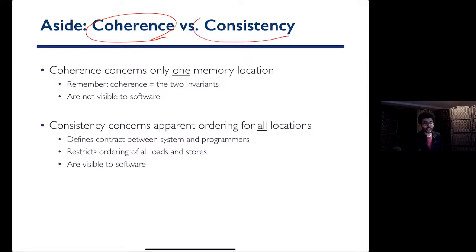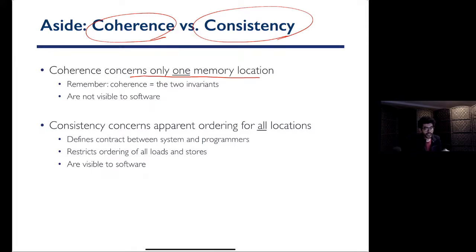With memory consistency, we're looking at different requests, loads, and stores, and we're talking about the order of these. So these are two different problems. And again, I leave it at that. So coherence concerns only one memory location. So it's about a specific memory location. And for all memory locations, we want to have coherence.